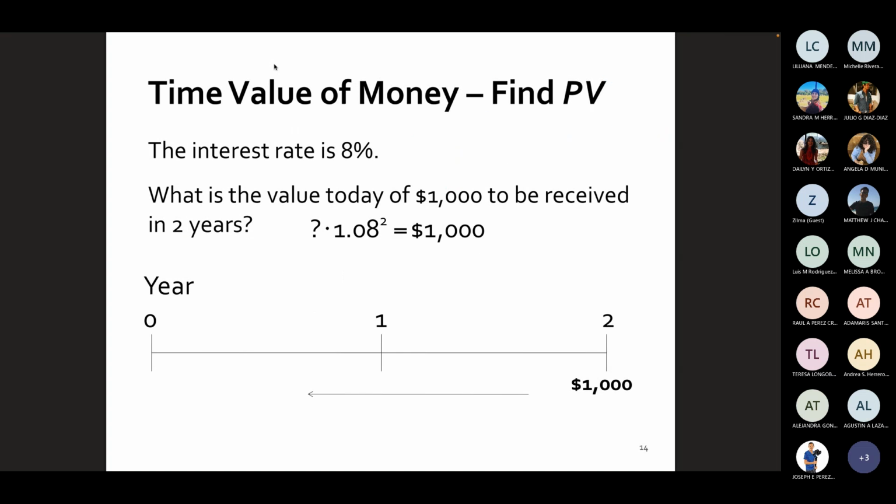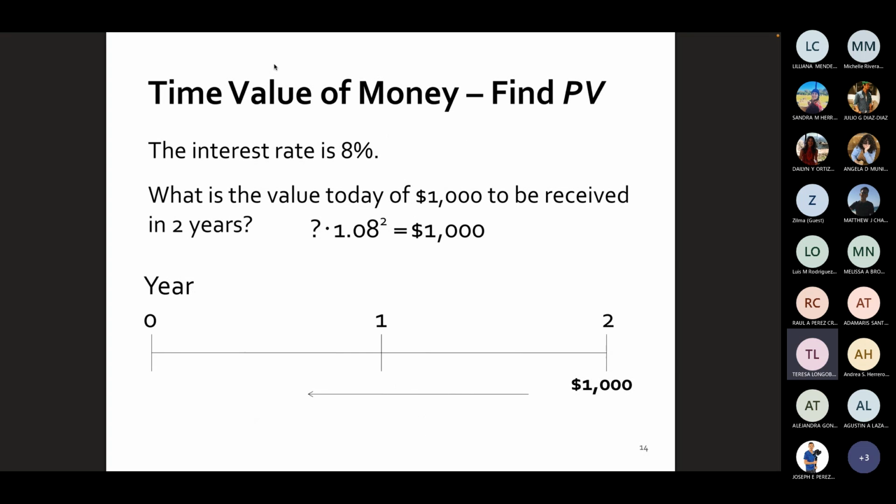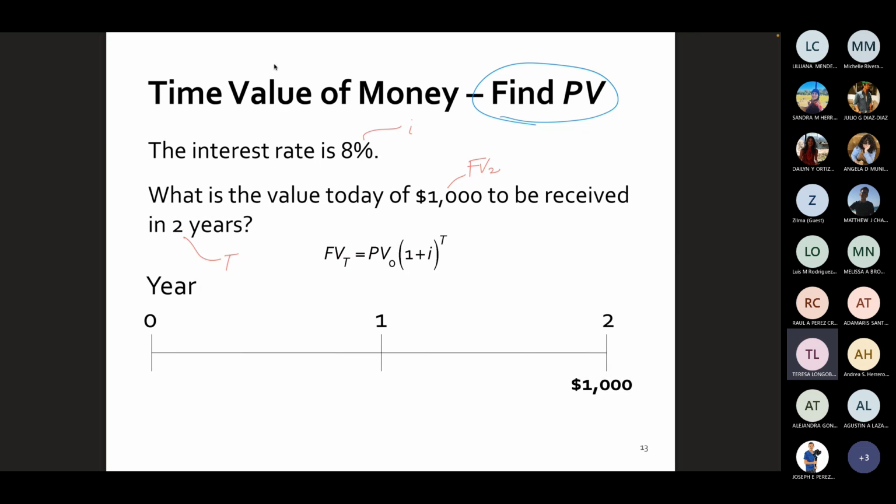Here is a different question. So I know that $1,000 is to be received if I spend how much? You can see this as an investment opportunity. How much are you willing to spend to get 1,000 at the end of year 2?